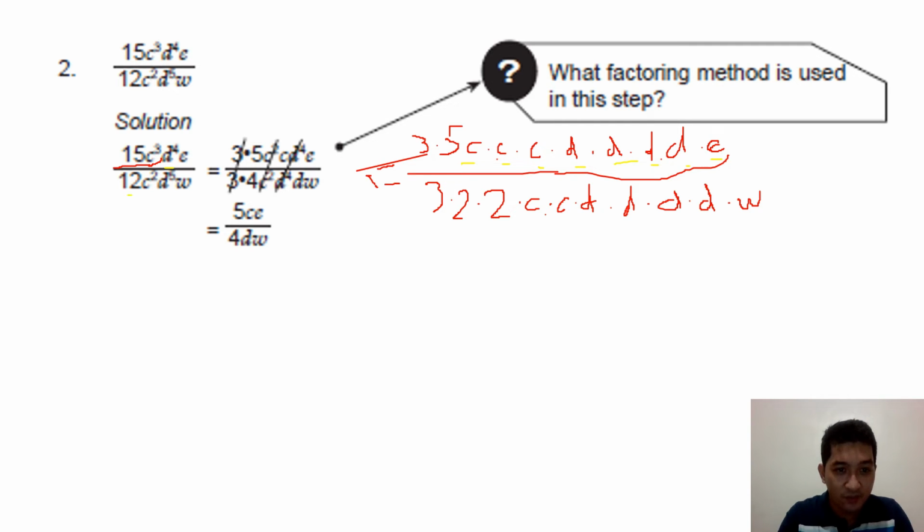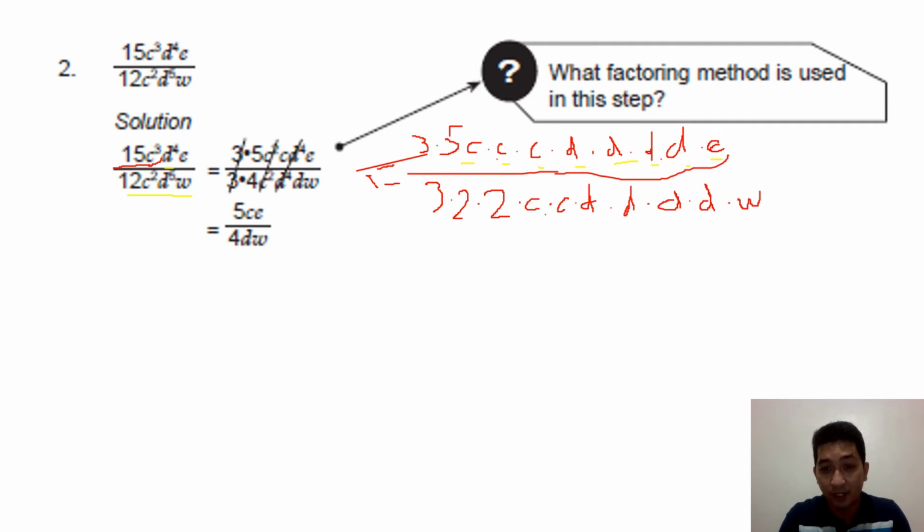So, we have 12c squared d raised to 5w. Here is the solution: 3 times 4, c squared, d raised to 5, w.